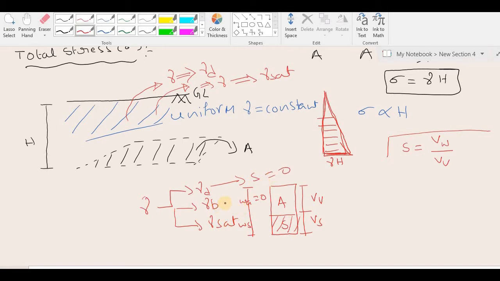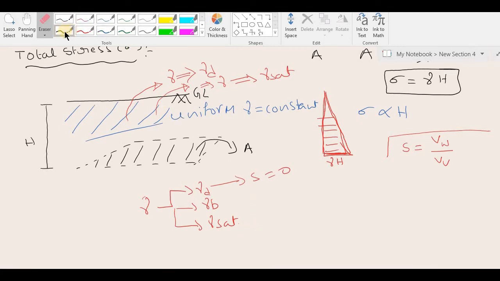The bulk density means the soil mass at its natural water content. Now we'll discuss gamma bulk. In gamma bulk, there is some water in the voids.